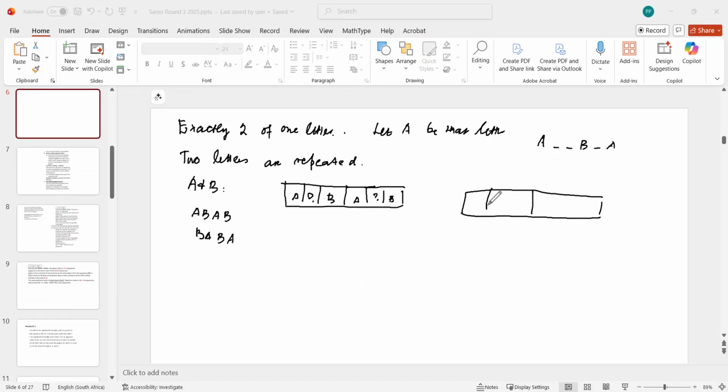Put C and D wherever you feel like. You can put C here, you can put D here, for instance. Then you can put AB in the remaining positions, or you can put BA in the remaining positions. So in these positions here, there are 2 possibilities.